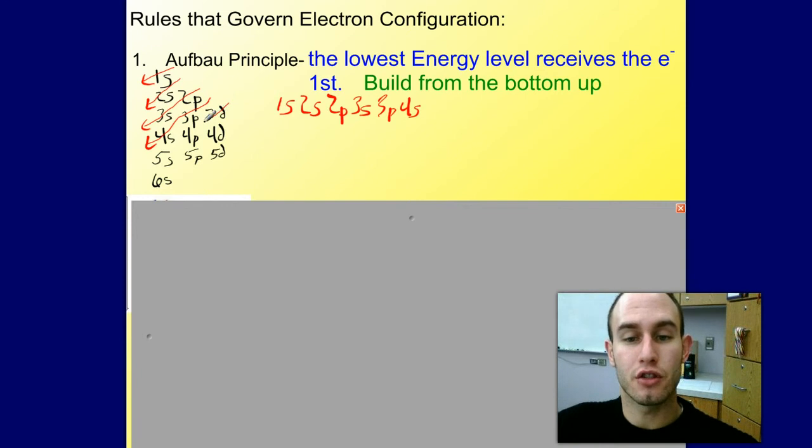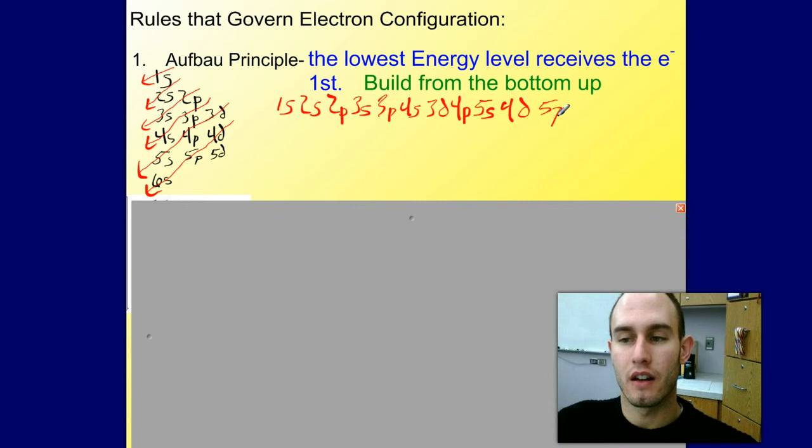Then 3d. That's the tricky part. If you're looking at this here, it's going to go from 4s to 3d, then 4p, followed by a 5s. Last but not least, 4d, 5p, 6s.